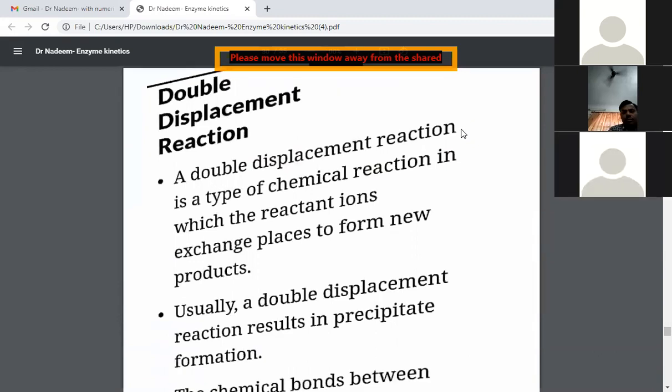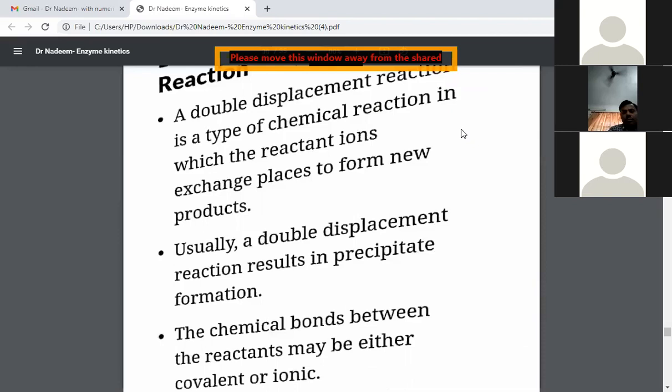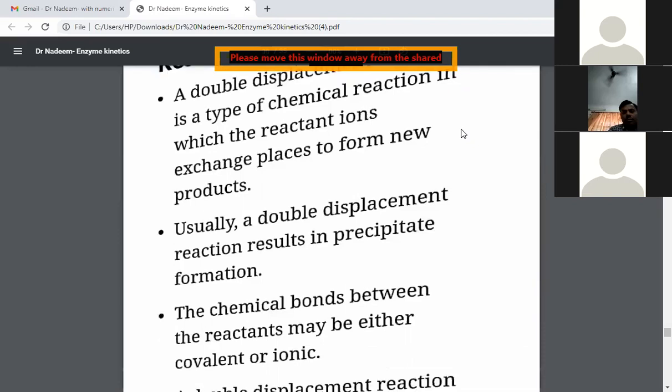Now another type of multiple substrate reaction is the double displacement reaction. In this case, it is a type of chemical reaction in which the reactant ions exchange places to form new products. They only exchange ions. Usually a double displacement reaction results in precipitate formation. These are the characteristics.